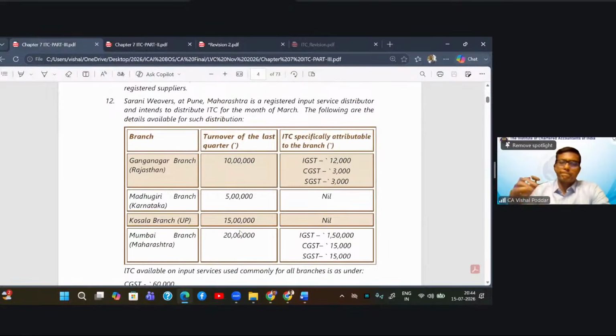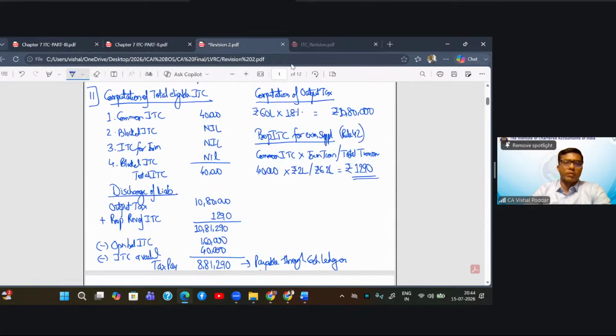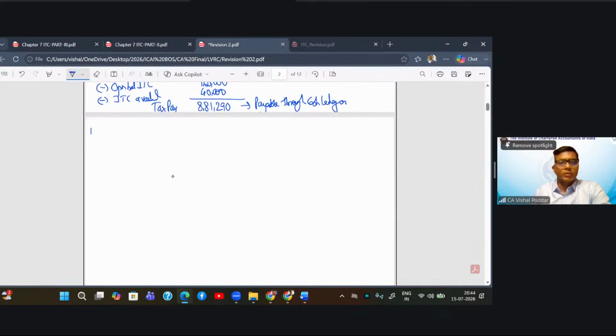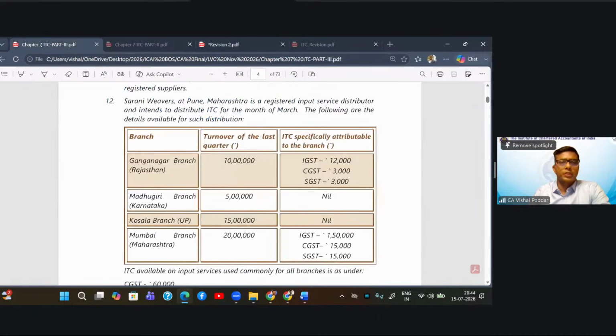ITC distribution. ISD in Maharashtra. Now my branches are Ganganagar, Madhugiri, Osla, Mumbai.